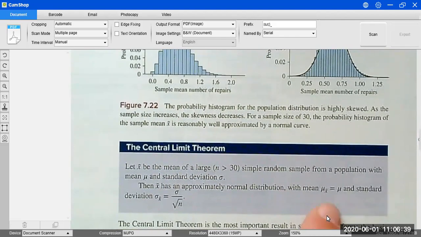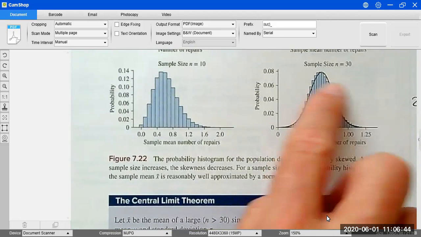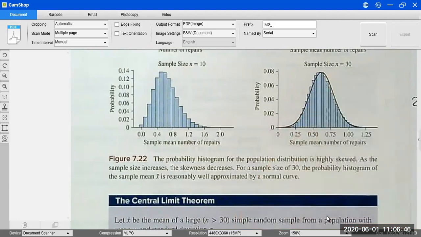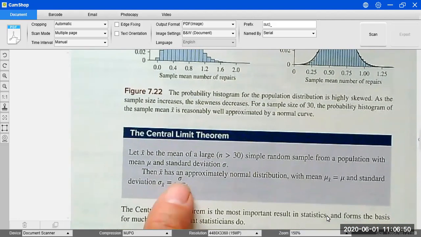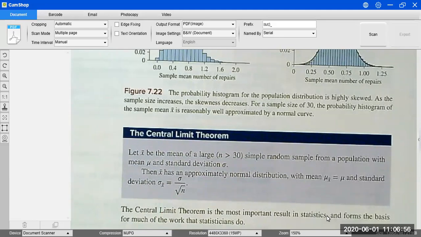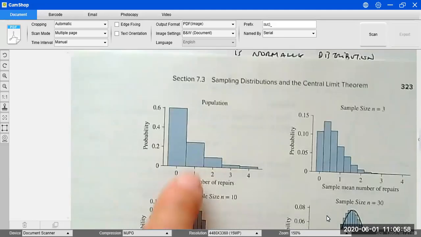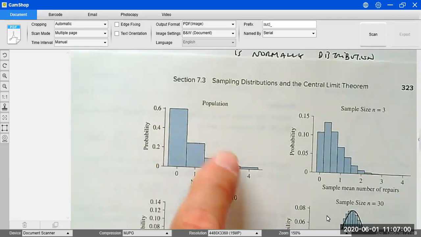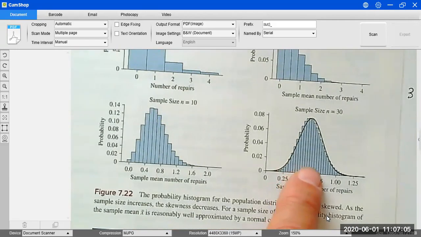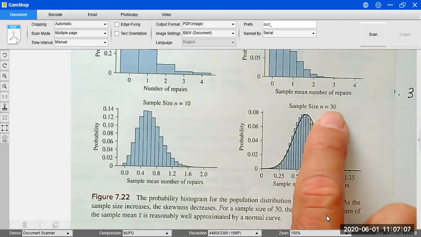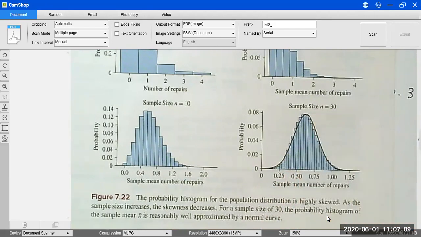The other important finding is that the standard deviation of this distribution with n greater than 30 is going to be equal to the standard deviation of the original population divided by the square root of n. So now there is a connection between the original population with mean mu and standard deviation sigma and the population of means with sample size 30 or greater.